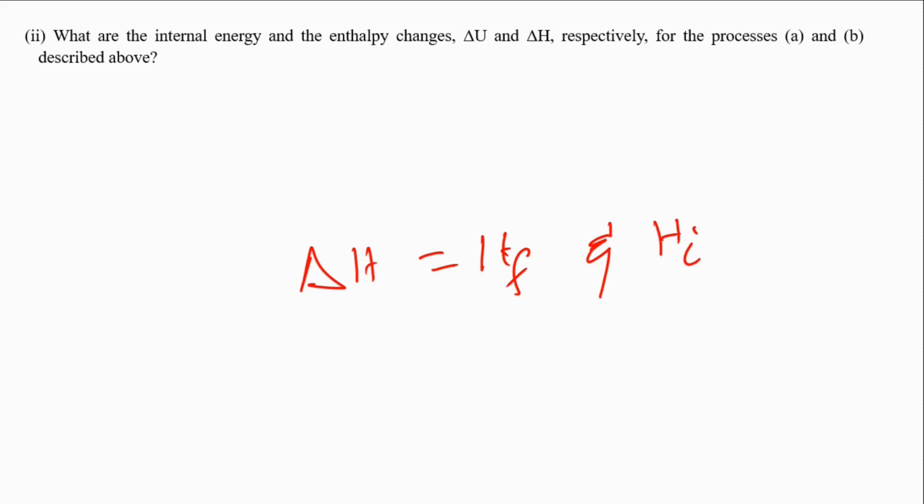And guess what? For an irreversible system, PV is equal to nRT at the beginning and at the end, that is, at the final and at the initial stages.